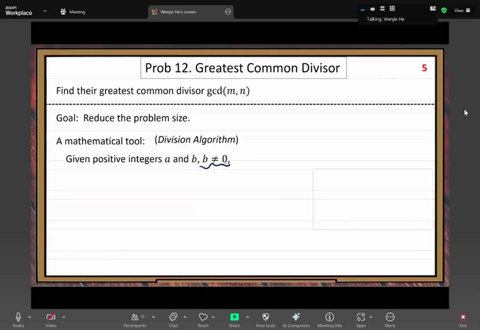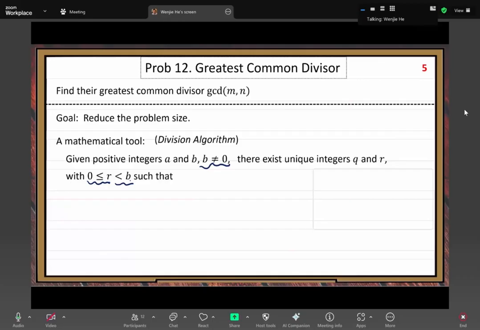Then there exist unique integers q and r. Q for quotient, R for remainder. Q and R with R in the range between 0 and b. 0 is inclusive, but b is exclusive, because our remainder cannot be equal to the divisor.